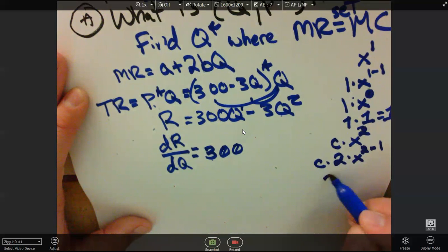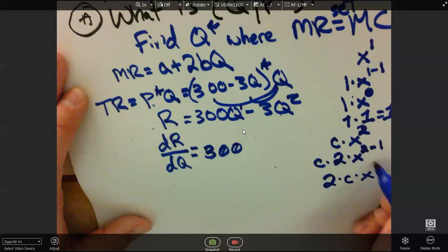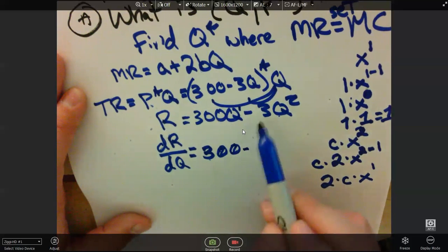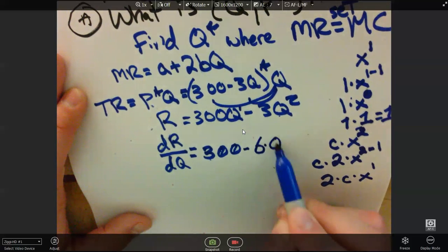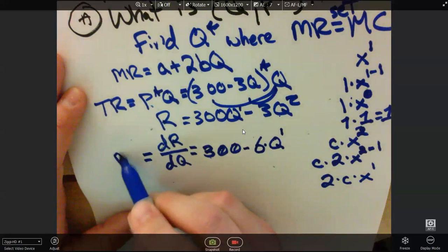So this is just going to be 2 times c times x. In the same light, this ends up being 2 times negative 3, so negative 6 times Q. So that is my marginal revenue.